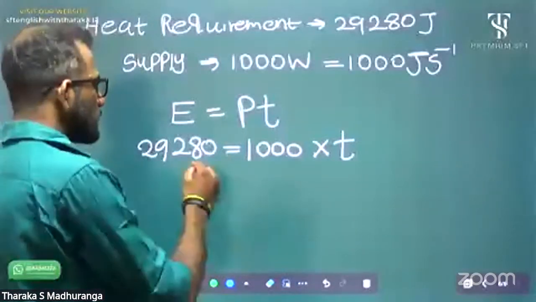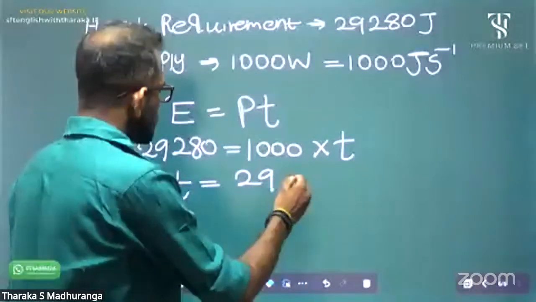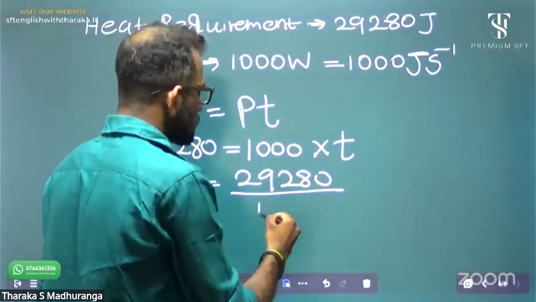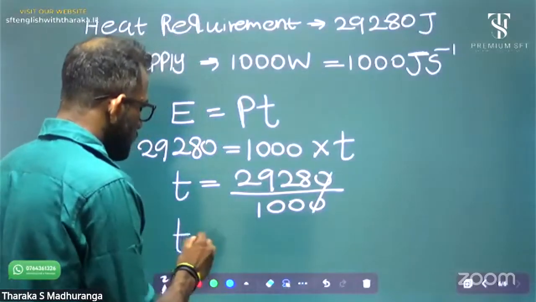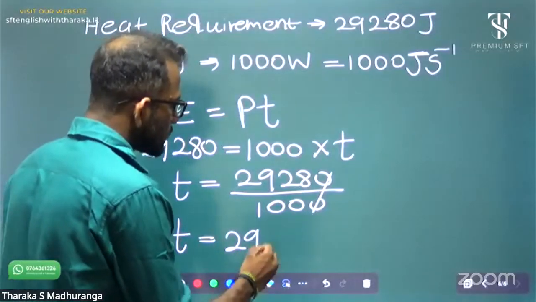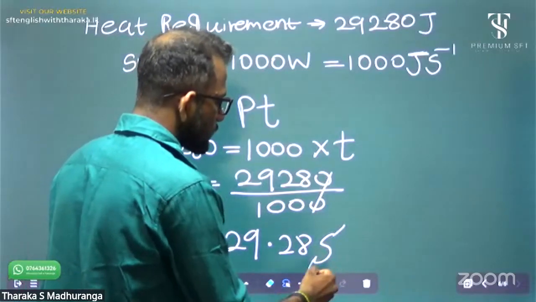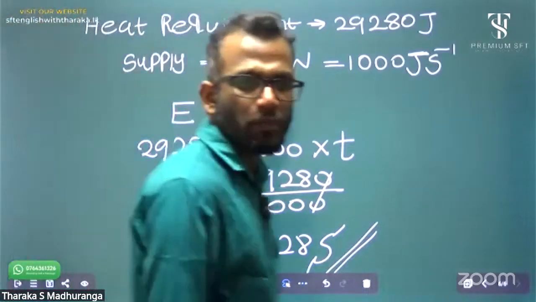Then time equals 29,280 divided by 1000. 0 to 0 cancel out. Time is 29.28 seconds.